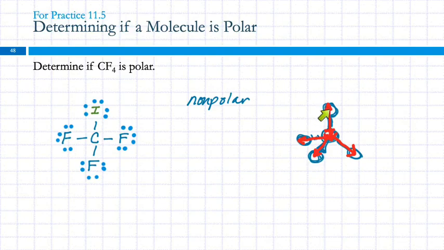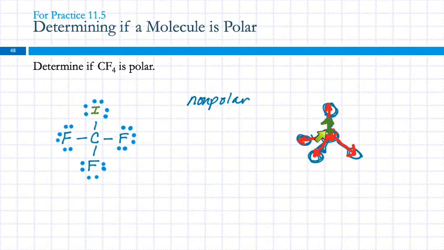What would happen to this vector? It'd be smaller, right? Because iodine is a lot less electronegative. And so, let's see if I can draw this. So now we've got just a smaller one here. Does that show up? Instead of the big red one.